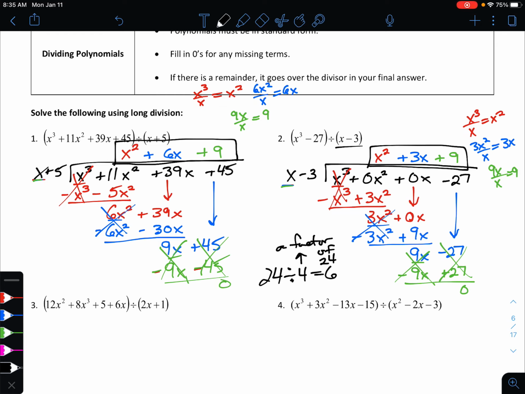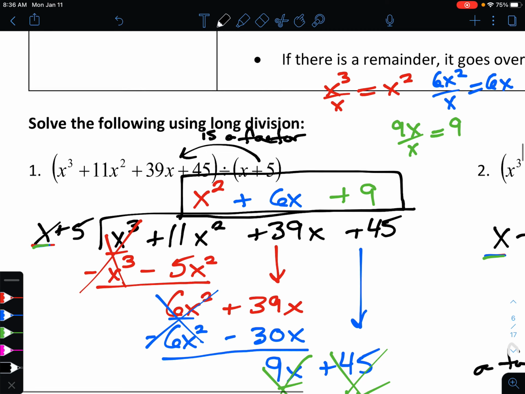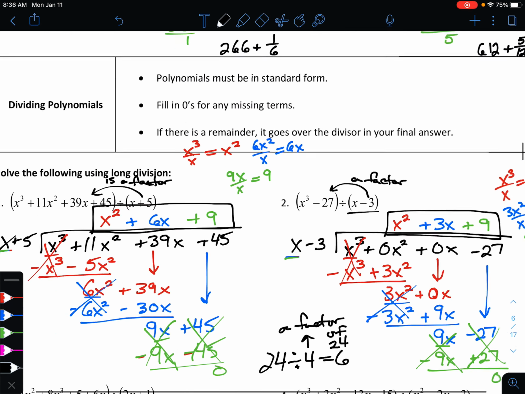If you extend that to polynomials now, what that means when we get 0 as our remainder, it means that x plus 5 is a factor of that original polynomial, x cubed plus 11x squared plus 39x plus 45. And so the same is true on number 2, that x minus 3 is a factor of the original polynomial.